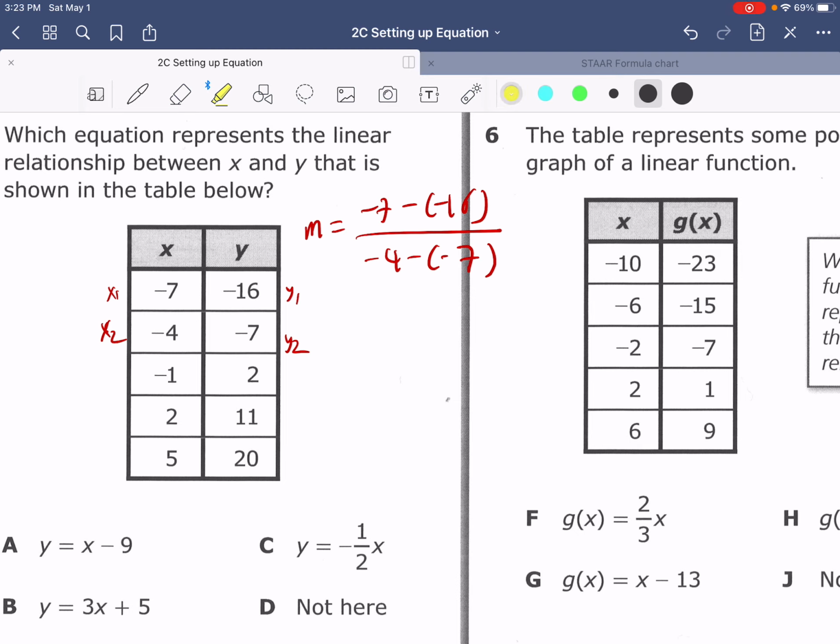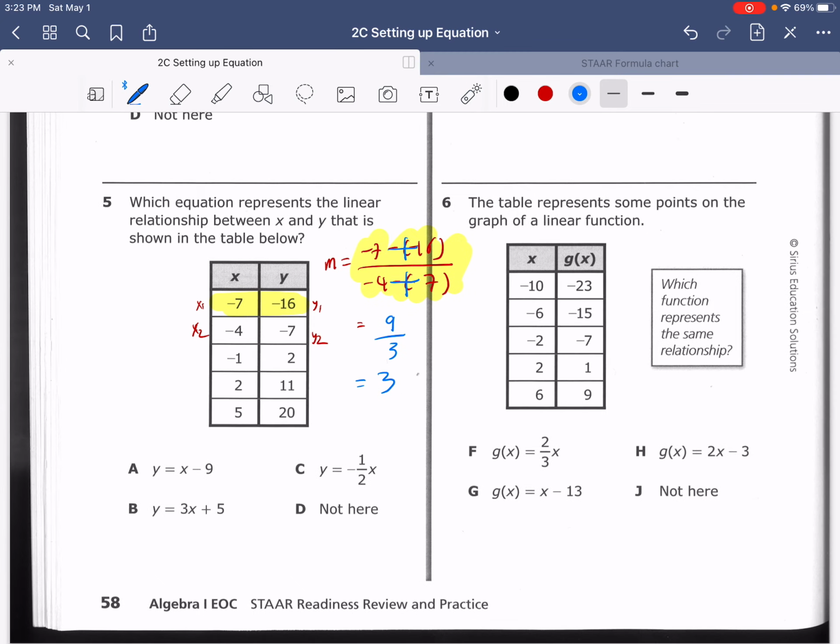If you put this into a calculator, or do it by hand, you're going to get, by the way, this is x1, y1. This one becomes positive 16, so it's 9 over positive 7, so it's going to be 3. So slope is 3. So the answer is going to be either this or not here.